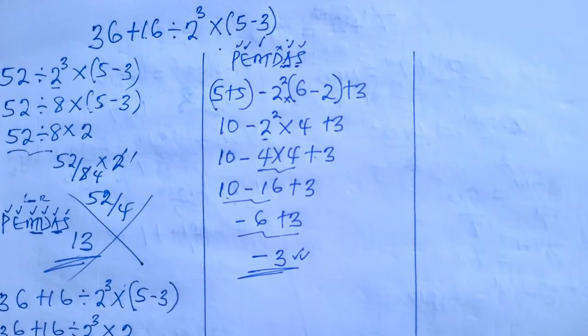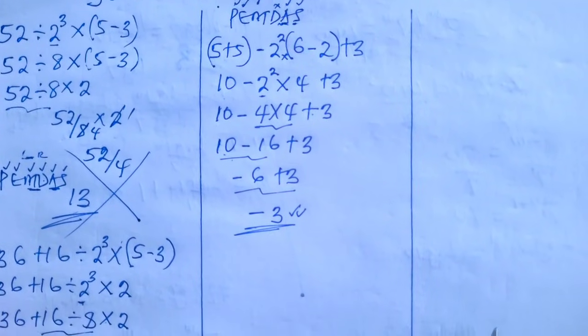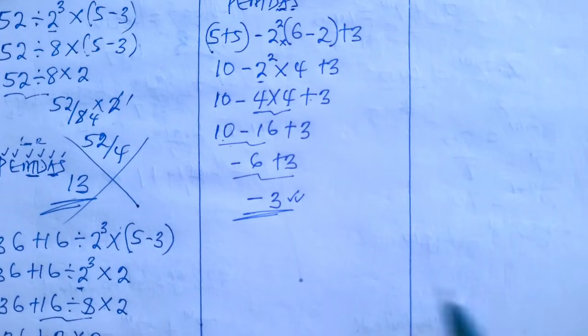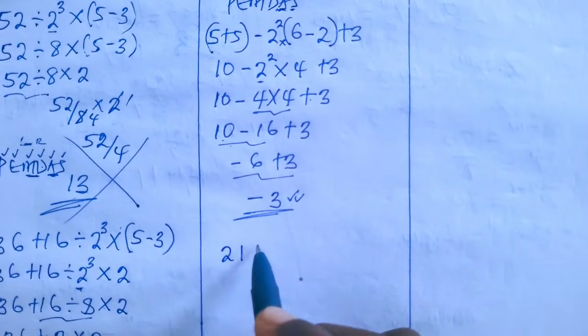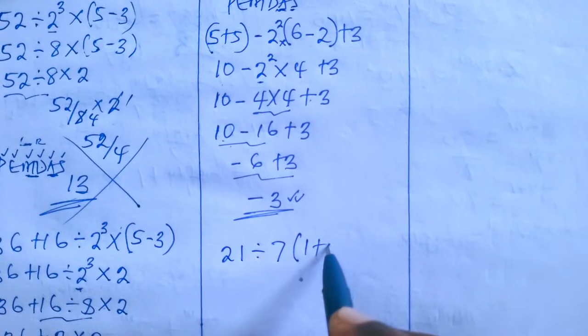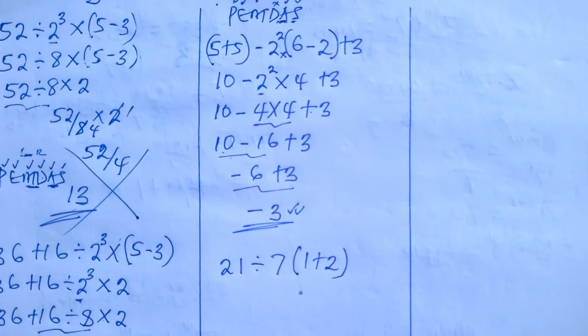Now, we will still consider the next example, and we are going to have here 21 divided by 7 times (1 plus 2). In this case, we still follow the order of operation, the PEMDAS rule.